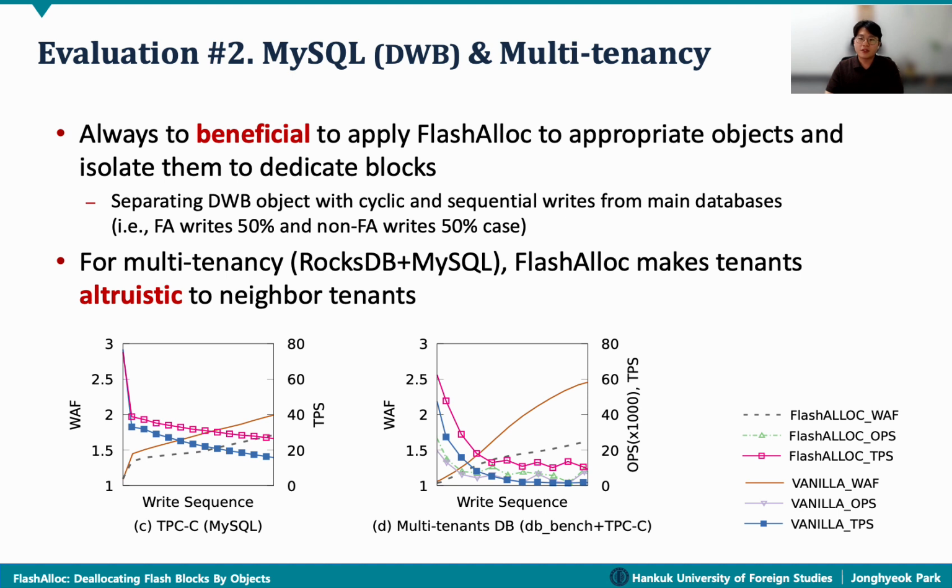Given that the writes to the double-write buffer account for nearly half of the primary write volume, we observe that using FlashUnlock to isolate objects proves beneficial, even with the intervention of normal writes. Additionally, for the multi-tenancy case, where RocksDB and MySQL instances run together, we found that FlashUnlock makes tenants more altruistic to neighbor tenants.